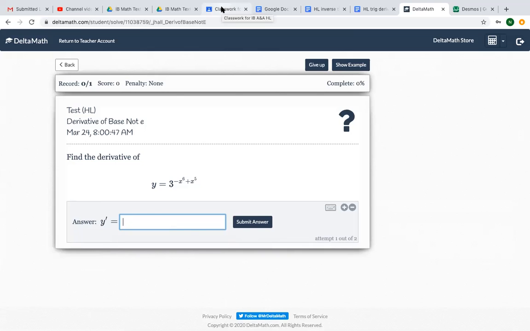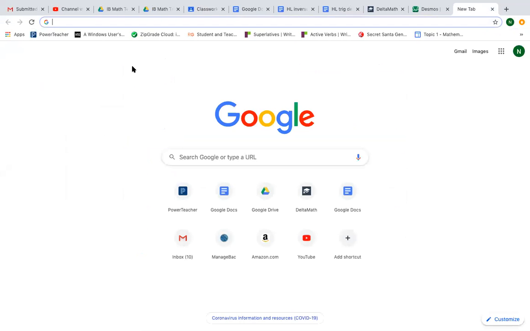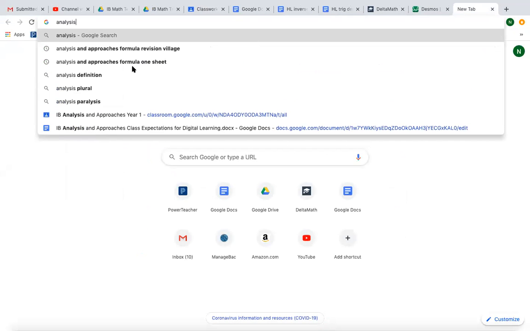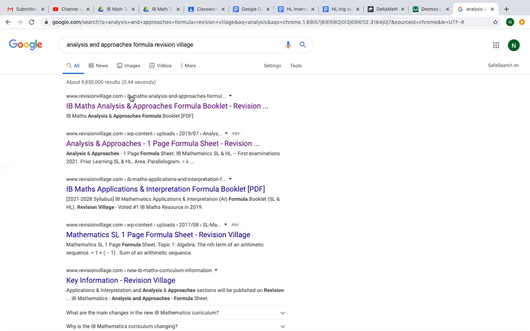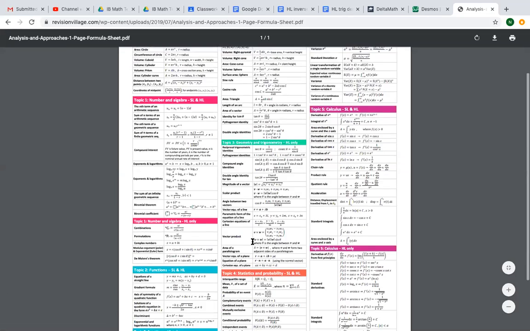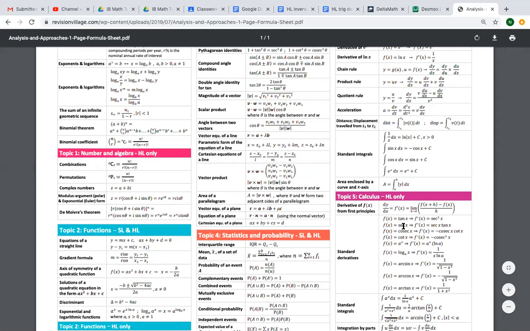You can check. Did I put it on? Let me find it. Your formula sheet is on here. So for HL calculus, they give you tan, secant, cosecant, cotangent.